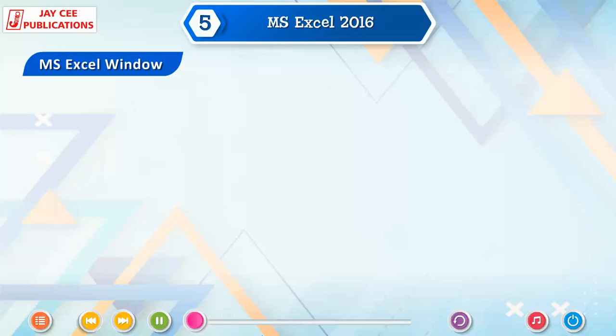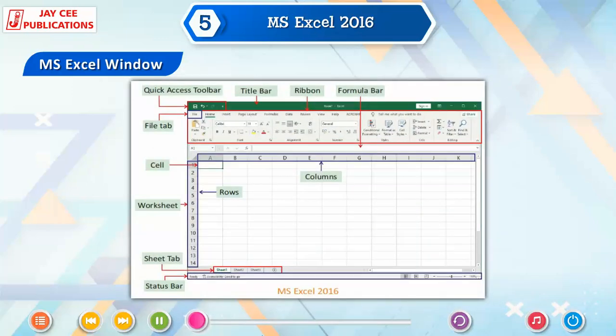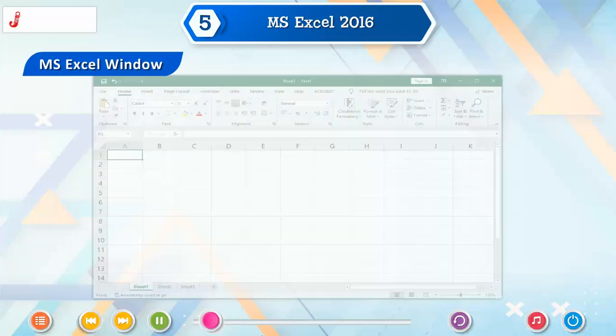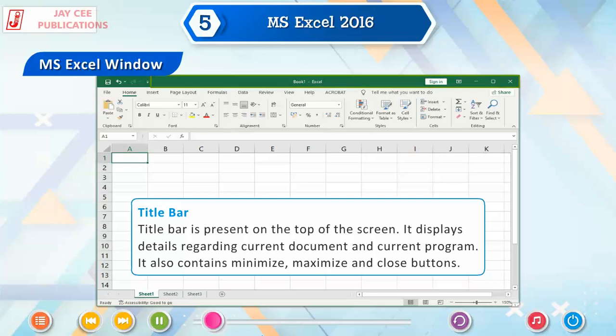MS Excel window. Quick Access Toolbar, Title Bar, Ribbon, Formula Bar, File tab, Cell, Worksheet, Sheet tab, Status bar, Rows, Columns. Title bar. Title bar is present on the top of the screen. It displays details regarding current document and current program.